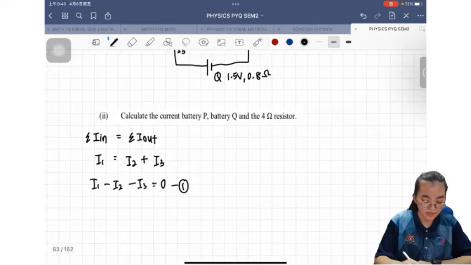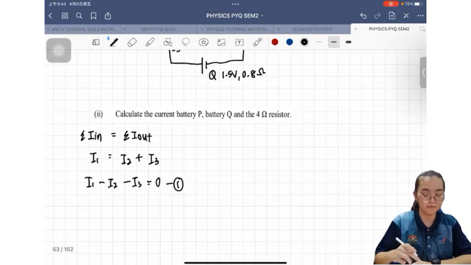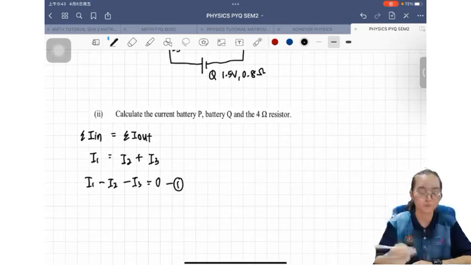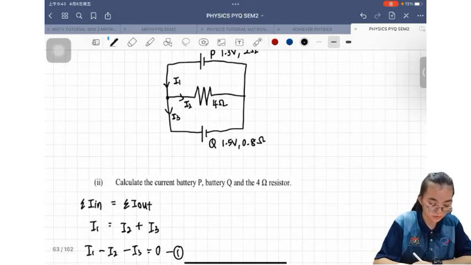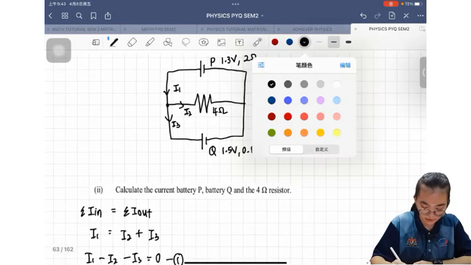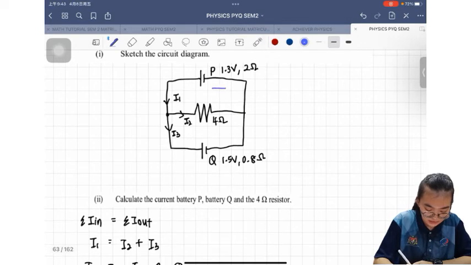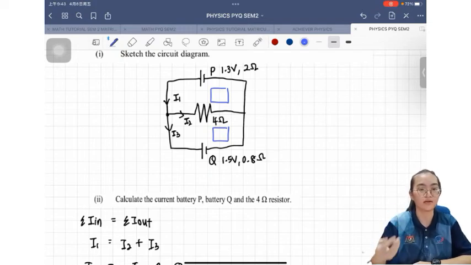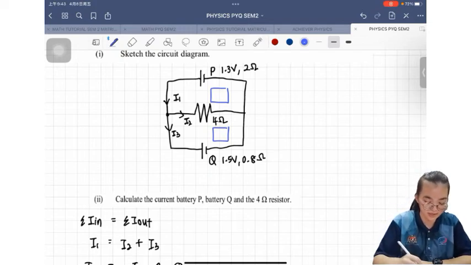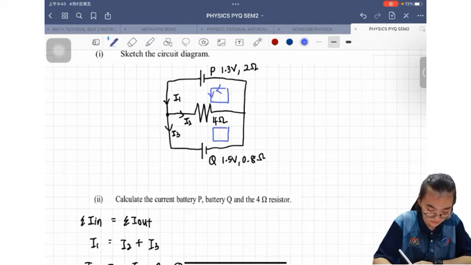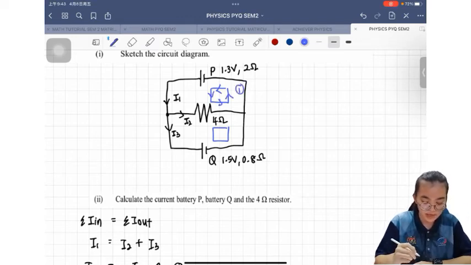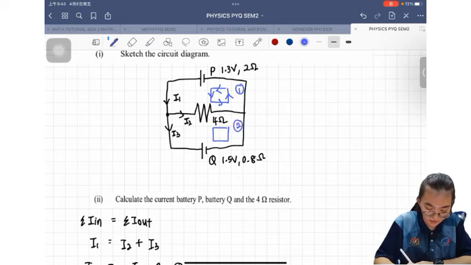And then we can use Kirchhoff's second rule, which is the loop rule. We draw the loops first. This is our first loop, and this is the second loop. We can draw either clockwise or anti-clockwise. For loop 1 I draw anti-clockwise and loop 2 I draw clockwise.